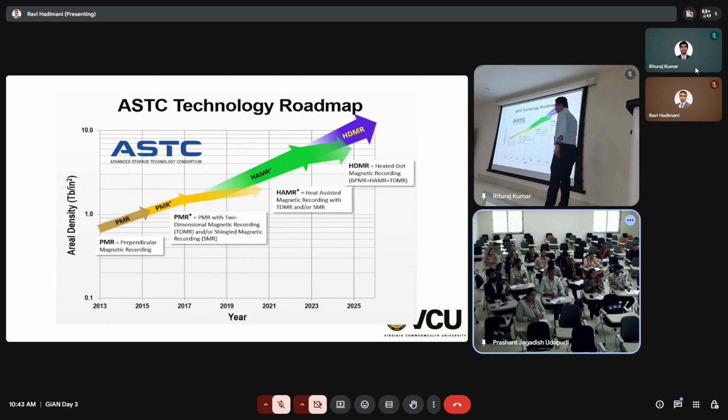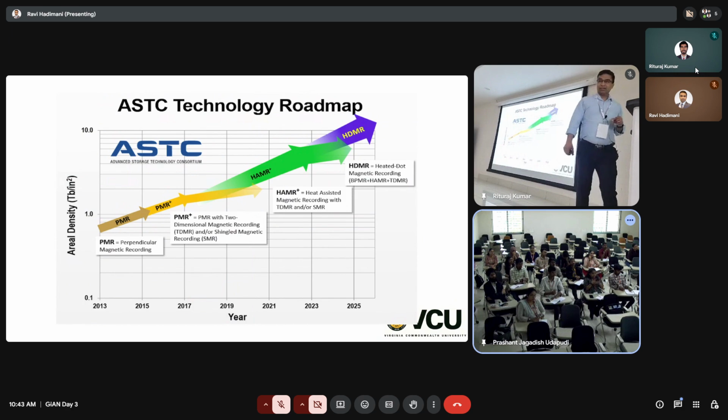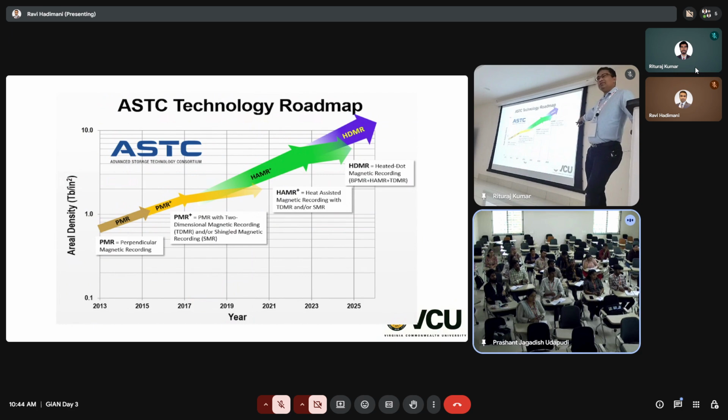And now a lot of people don't use hard disk drives, right? What do you use? SSD, right? So you would imagine that the market has gone down, but not really. What you have done is you reduced your use of hard disk drives by moving all your data to data centers, and data centers have increased the use of hard disks.